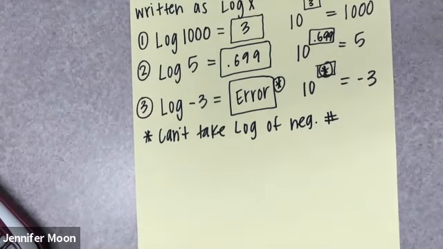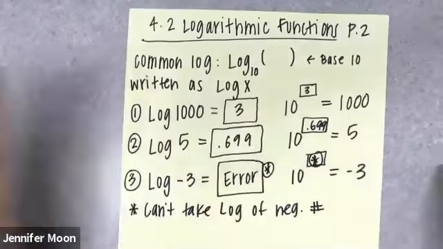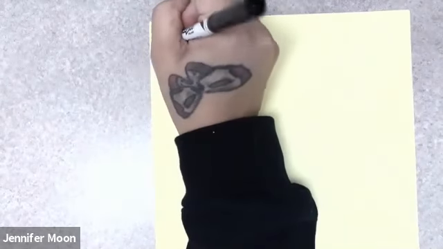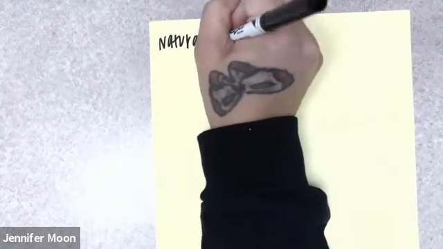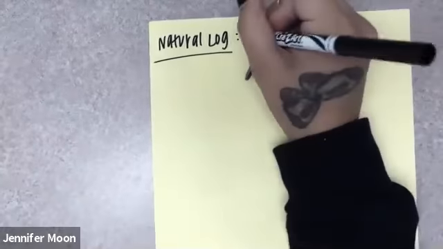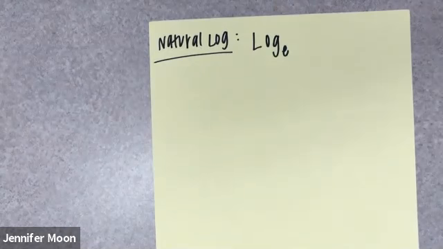Another special log, I'm just going to go and change papers, is a natural log. So if you see the whole word log and there's no base, we're implying it's 10, that's common. Okay, that's the common log. If we have our natural log, okay, so this is log, and our little base is e.